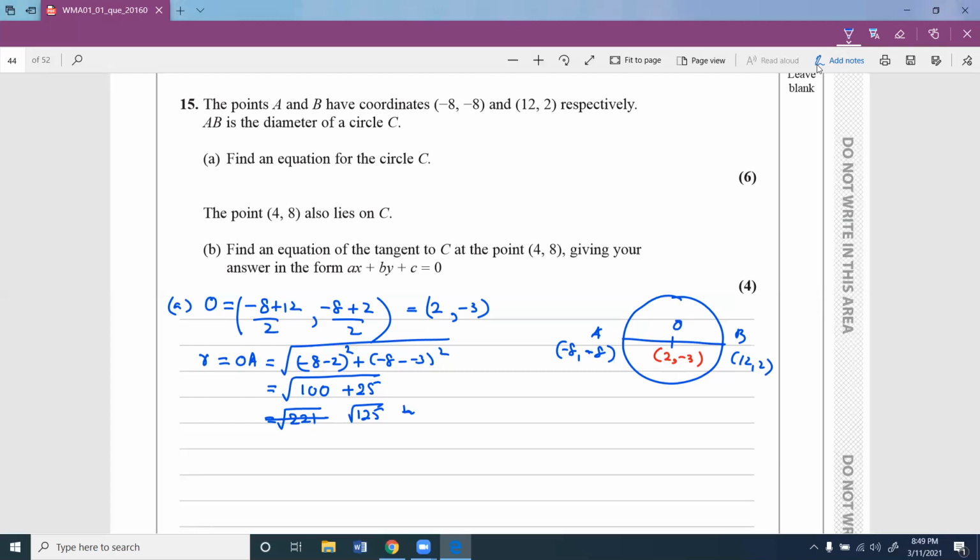Then we can find the equation of a circle, which is x minus a squared plus y minus b squared equals r squared, where the center is a and b and the radius is r.